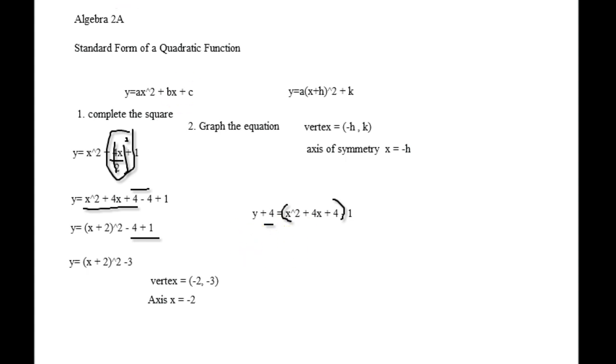Okay, and so if I complete this, I get y plus 4 equals parentheses x plus 2 squared minus 1, and then I could subtract the 4 from both sides and get the same thing.